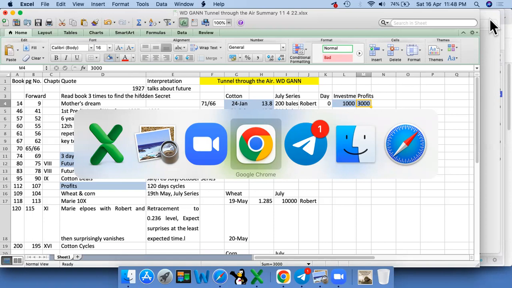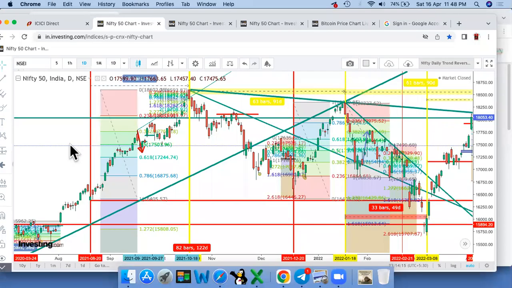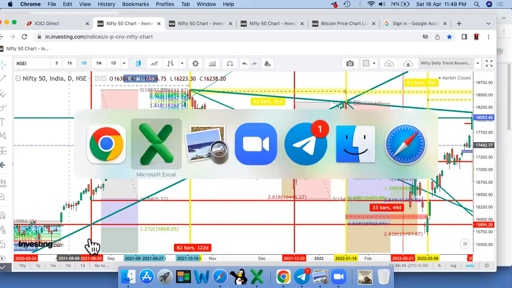But this is just for interpretation purpose because I had traded one of the cycles which was there. One of the cycles started somewhere around 20th of August. So what I did from my side is show this in the Telegram group. That would be easier for us to understand.